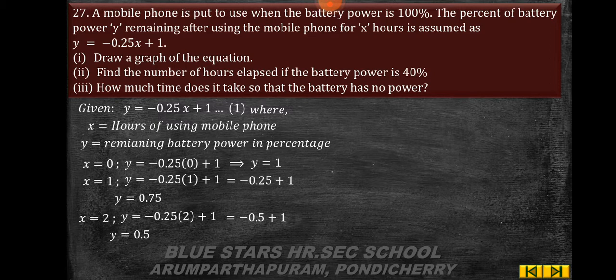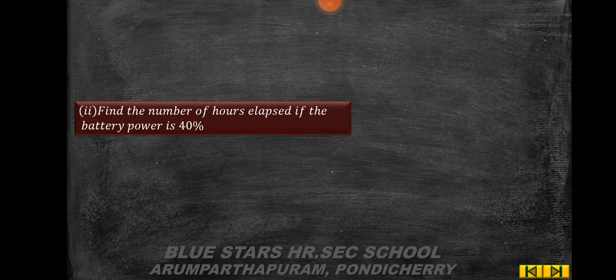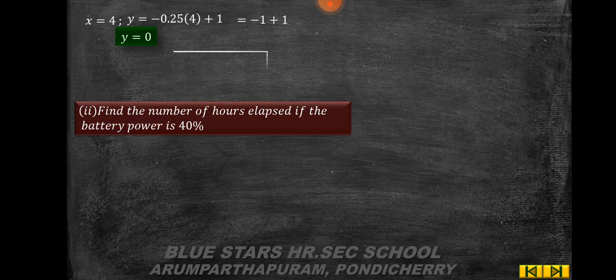So y is equal to 0.5. So at x is equal to 3, you get y is equal to 0.25. At x is equal to 4, you get y is equal to 0.